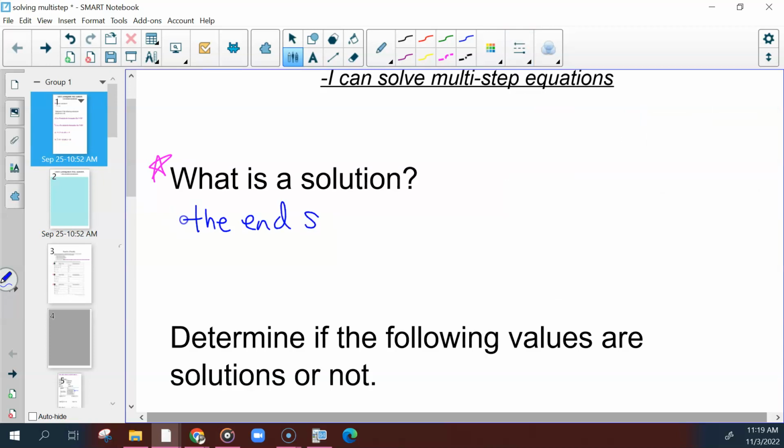But the end result of what? An equation or a problem. Okay, so a solution is the end result of an equation or a problem.